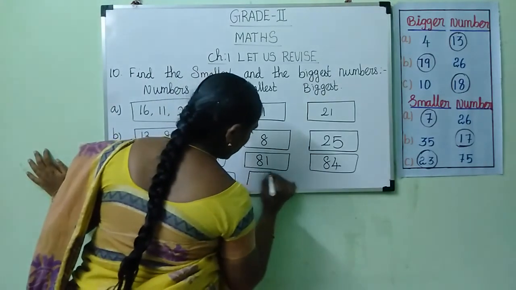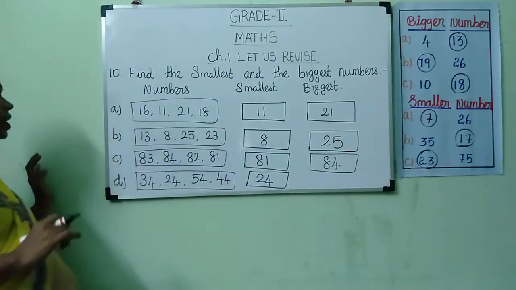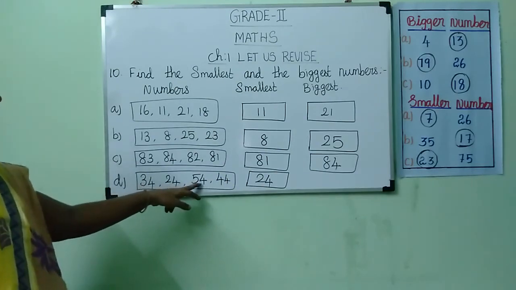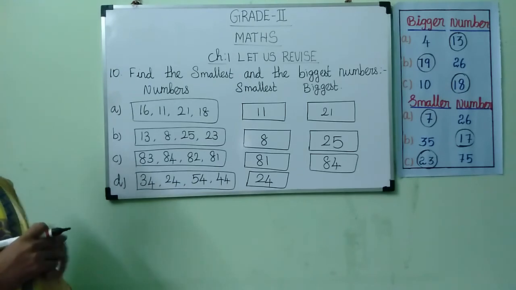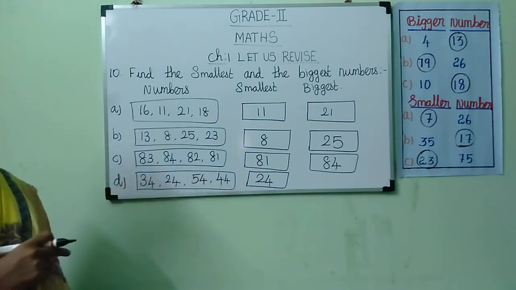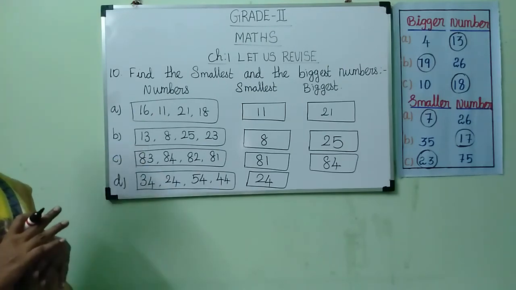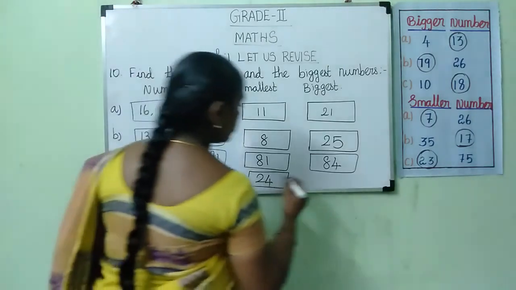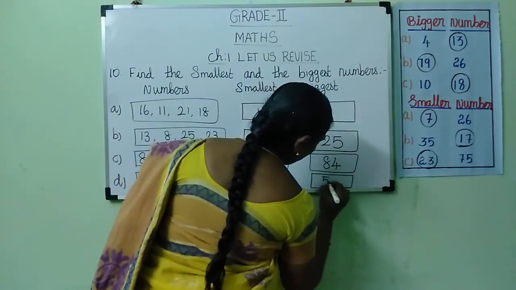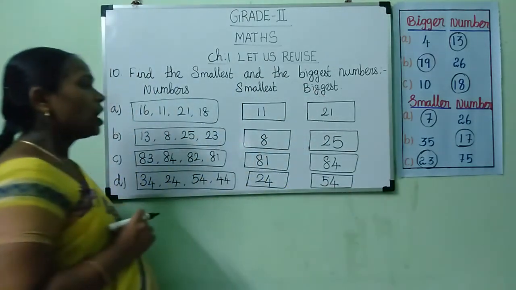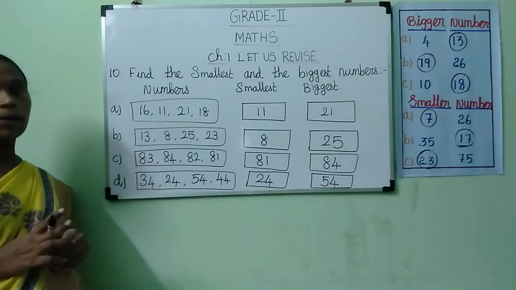So you should write 24 is the smallest number. The next one: 34, 54 and 44. Which number is the biggest? See, 3, 5, 4. Yes, 5 is the biggest number. So 54 is the very biggest number from these numbers. So you should write 54. Are you clear, children? How to find out the smallest and biggest number?